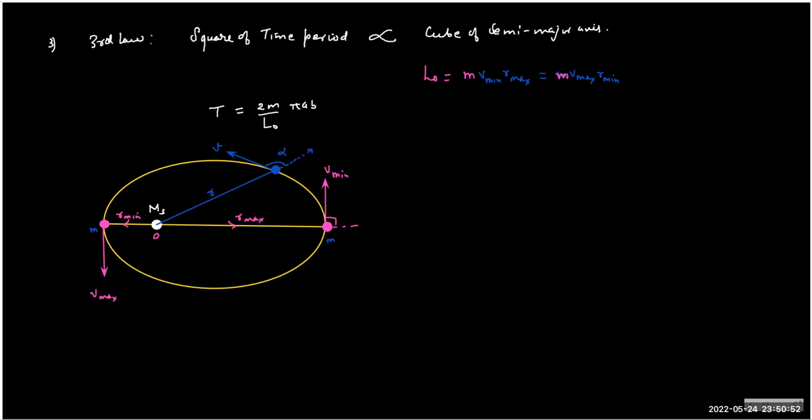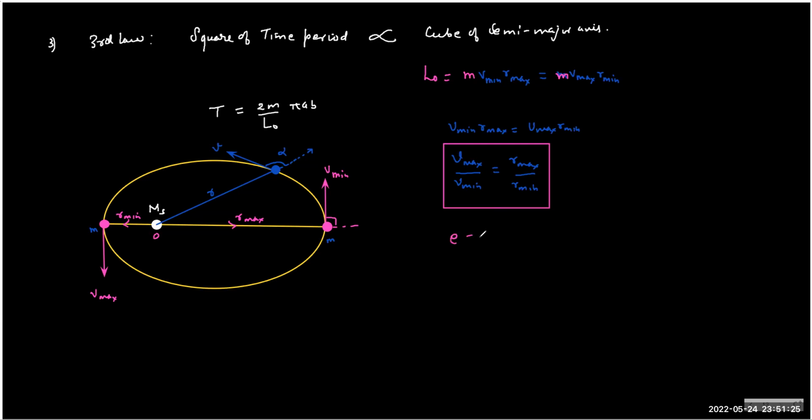So the product relation is very famous: V min R max is V max R min, which is a very interesting relation because V max upon V min is the same as R max upon R min. And why is this relation important in astronomy or physics?